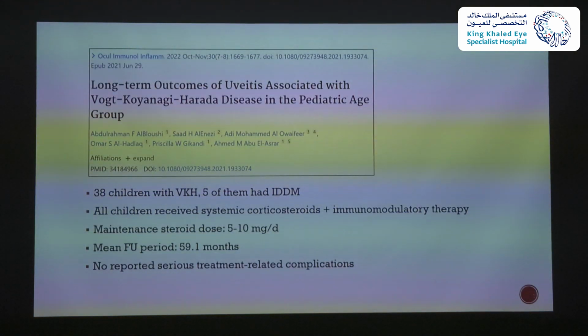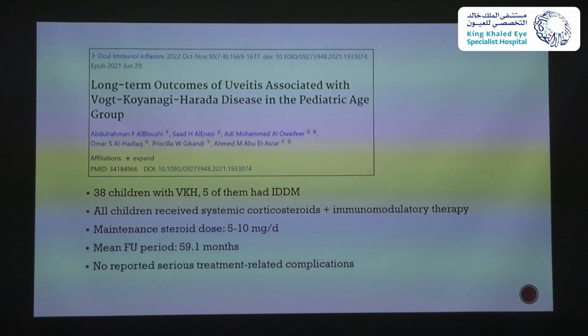This is a paper done at King Abdulaziz University Hospital, published by Dr. Blushi and Prof. Abdulslam. They reviewed 38 children with VKH, and 5 of them had insulin-dependent diabetes mellitus. All children received systemic corticosteroid and immunomodulating therapy, and the maintenance steroid dose was between 5 and 10 milligrams per day.